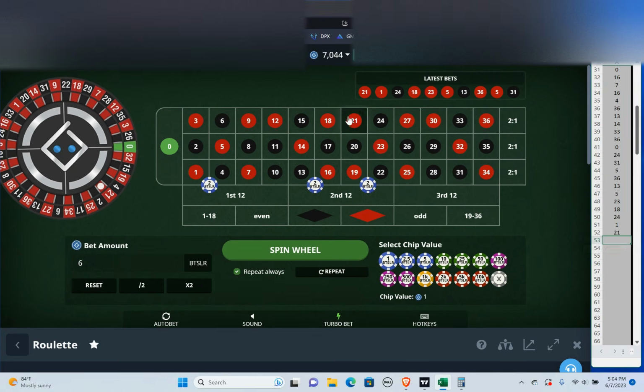We're up 44 units in, I don't know, roughly 8 minutes. It's pretty good.